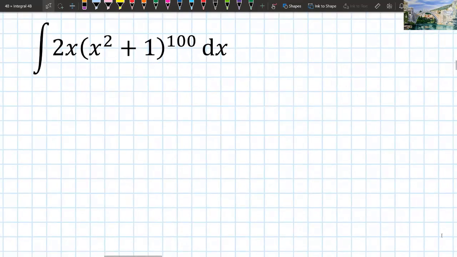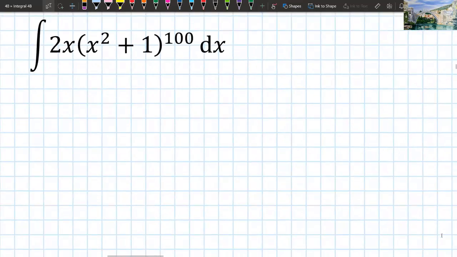So step one. This is our integral. This is not a basic integral because I have a product, 2x times (x squared plus 1) to the 100th power. But anyway, we will use the substitution method.